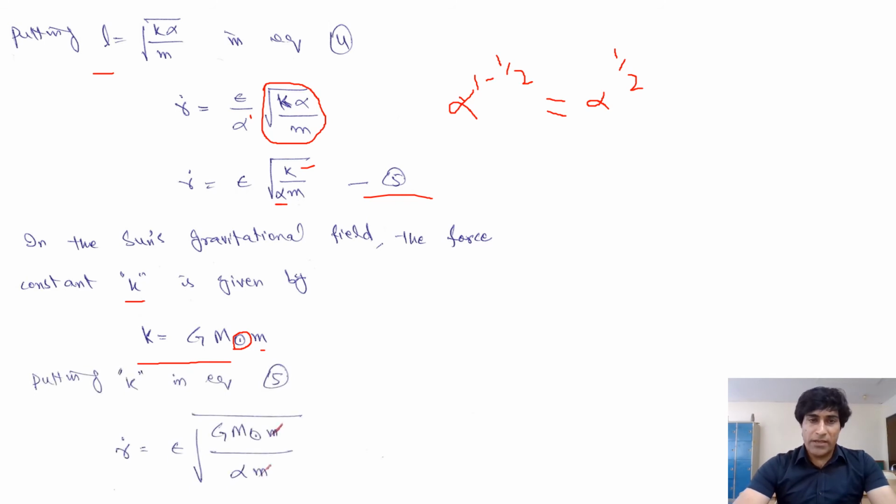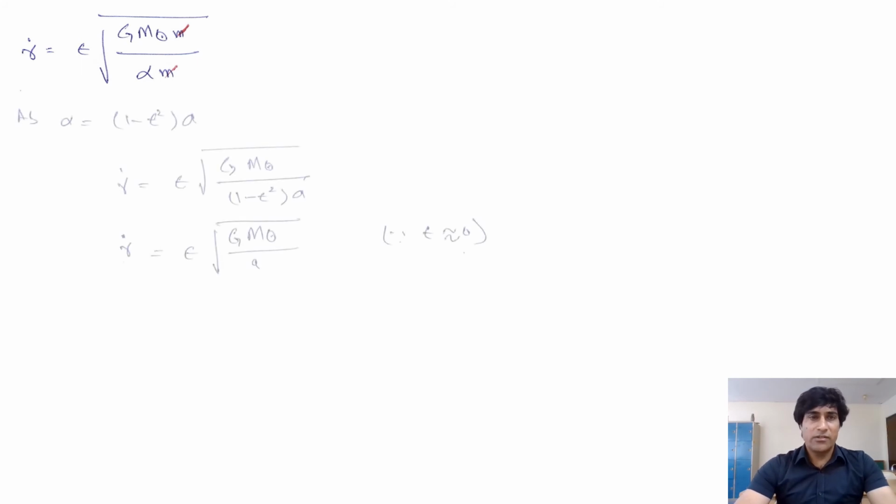Putting k in equation 5, we get r dot equal to epsilon square root of capital G M, small m divided by alpha m. Simply we cancel this m with this m, and we get r dot equal to epsilon square root of G M divided by alpha, the same relation.